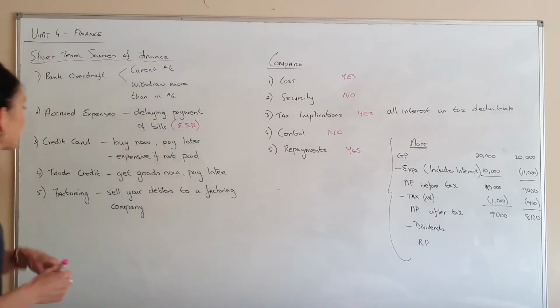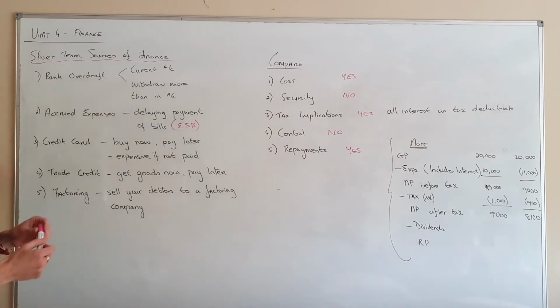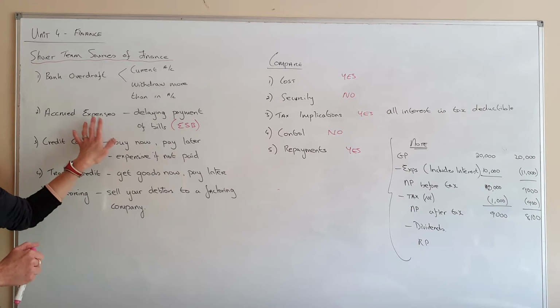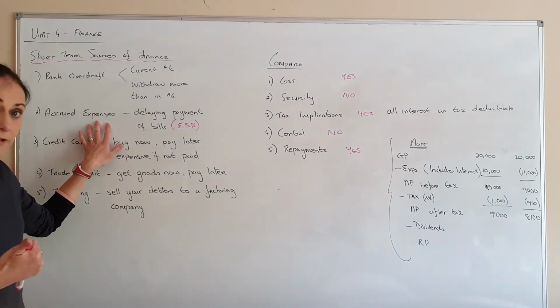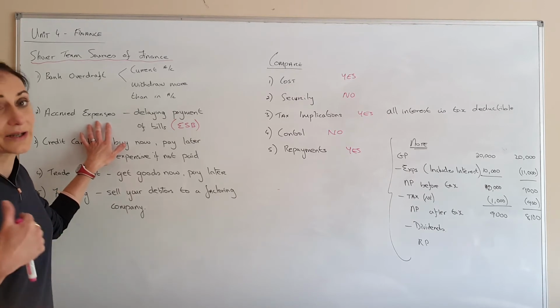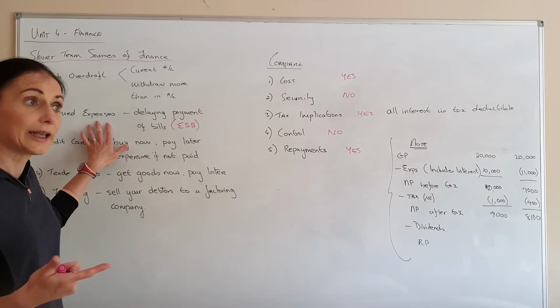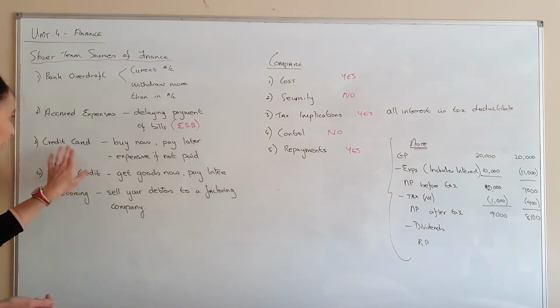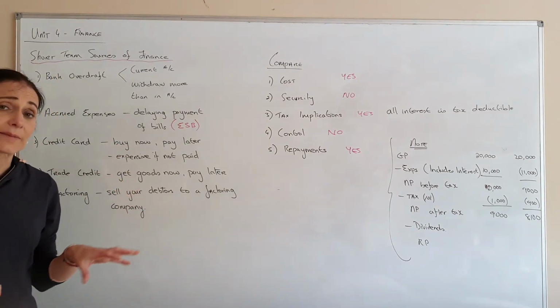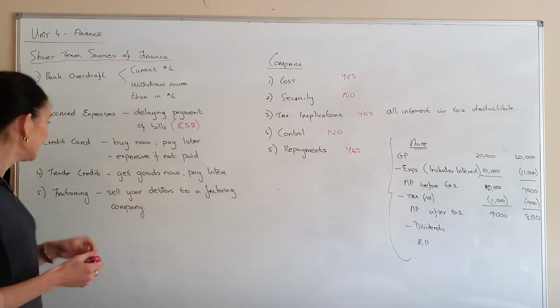Let's go through these. The cost for the bank overdraft will be your interest. The cost of delaying payment of bills, you might face a fine for paying them late, or you might lose out on a discount for not paying early, or you might end up being cut off your service. The credit card, it's very, very expensive if you don't pay back within the month.